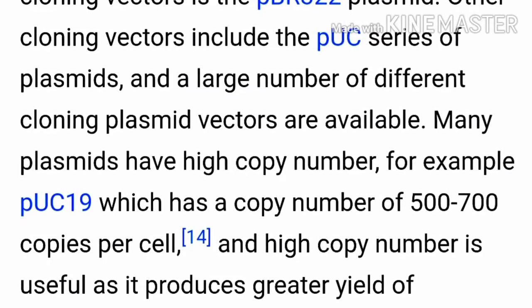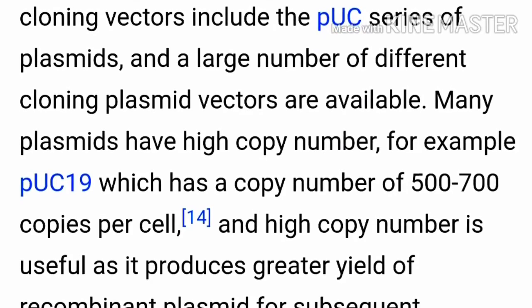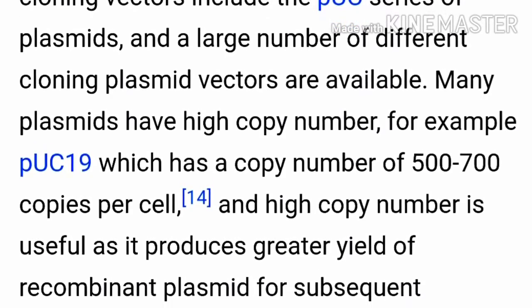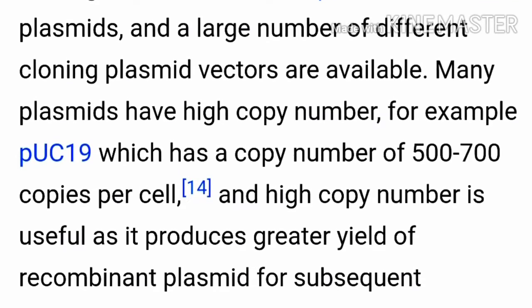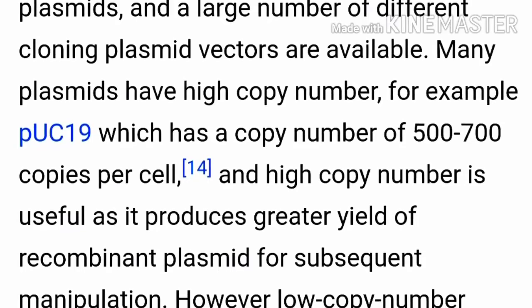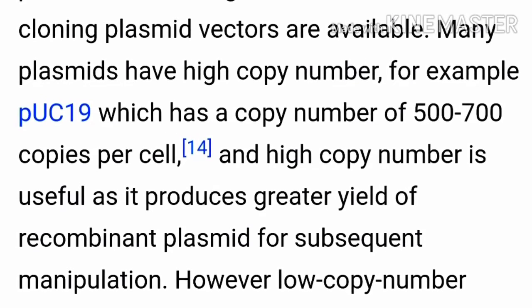are available. Many plasmids have a high copy number. For example, pUC19, which has a copy number of 500 to 700 copies per cell.